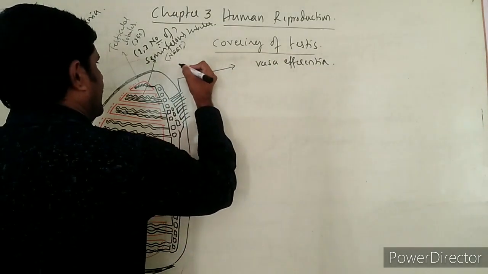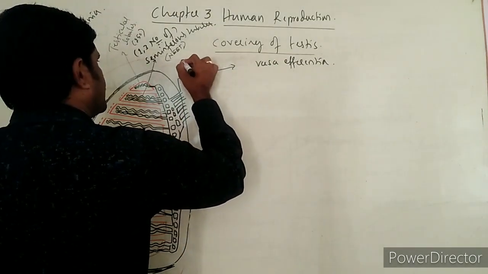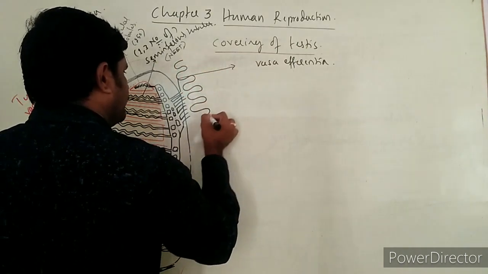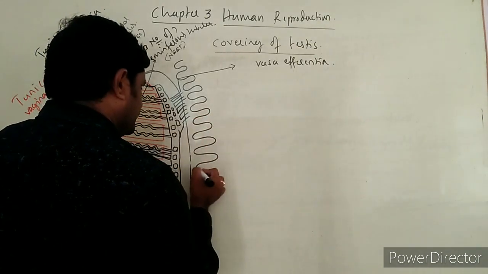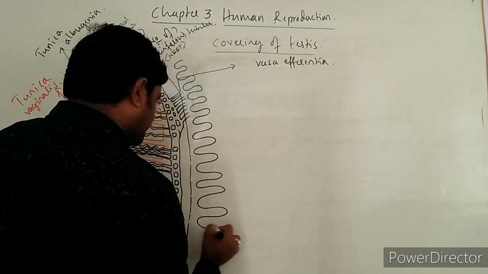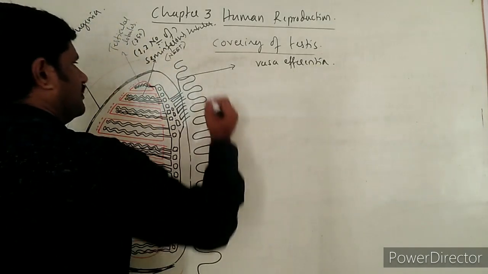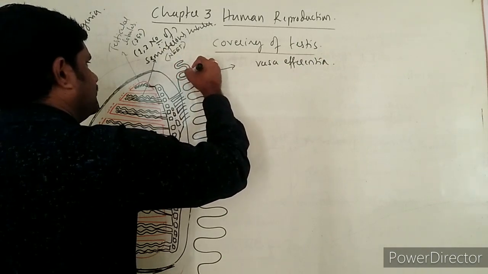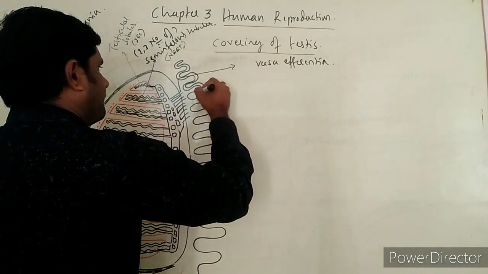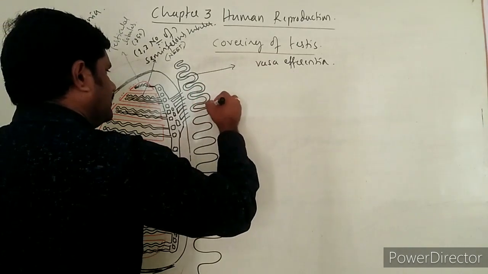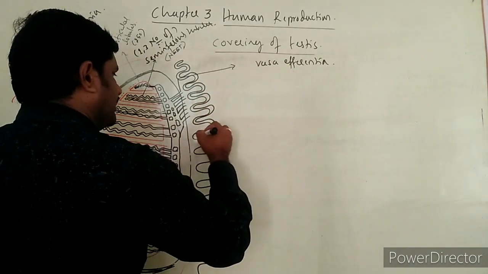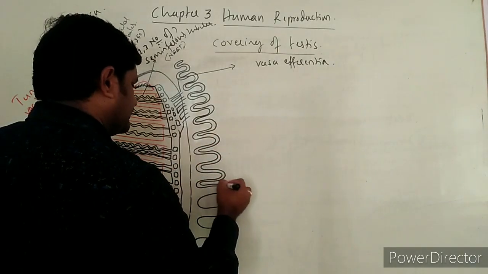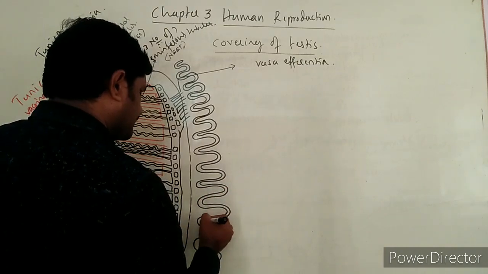A highly coiled tubular structure, in which the vasa efferentia open, and this highly coiled tubular structure is known as epididymis.